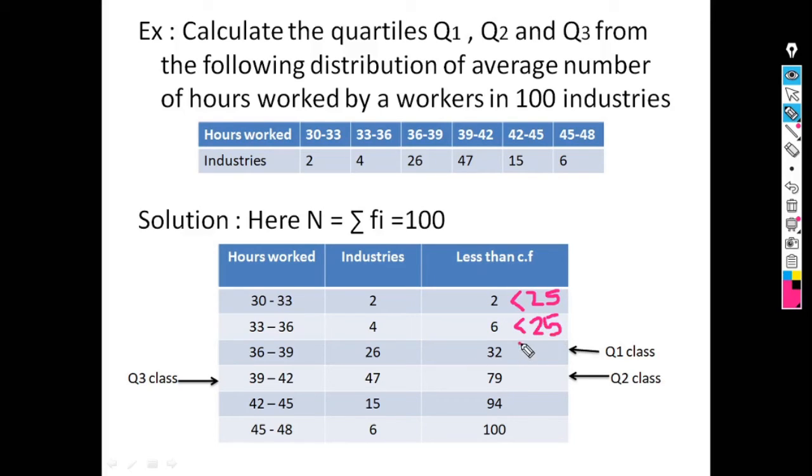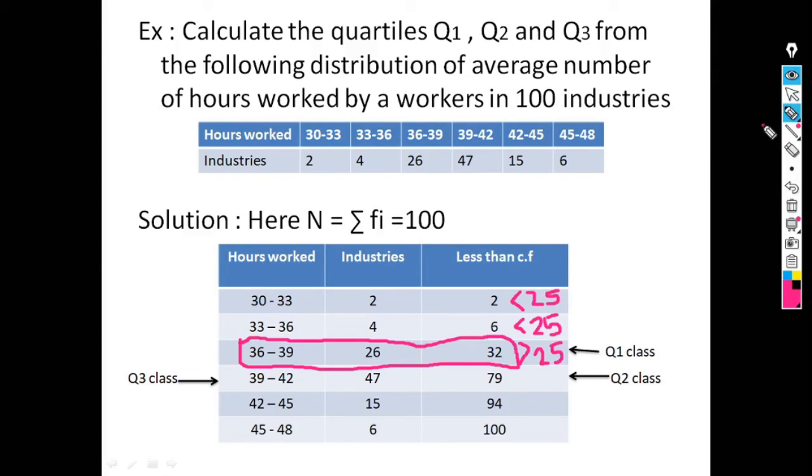Then 32 is greater than 25, means the first value which is just greater than 25 is 32. So this is our Q1 class. The class interval 36 to 39 is our Q1 class.